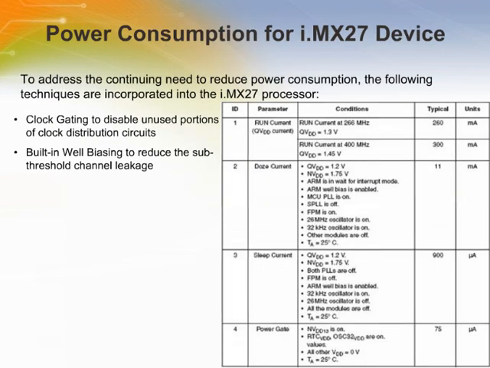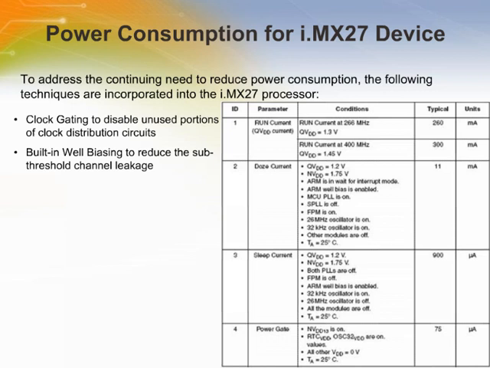To address the continuing need to reduce power consumption, Freescale incorporated the following techniques into the i.MX27 processor. Clock distribution circuits and digital ICs with the complexity of the i.MX27 applications processor can consume as much as 40% of the total dissipated power.